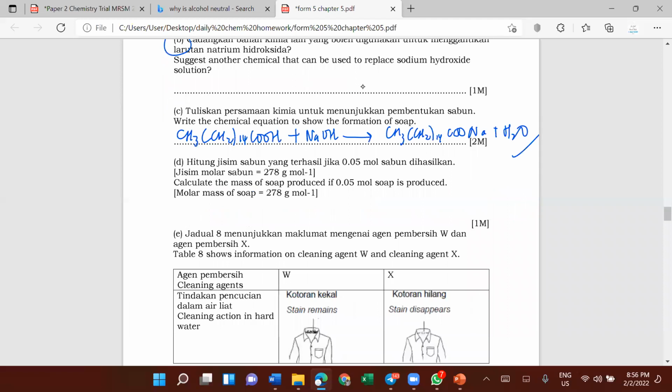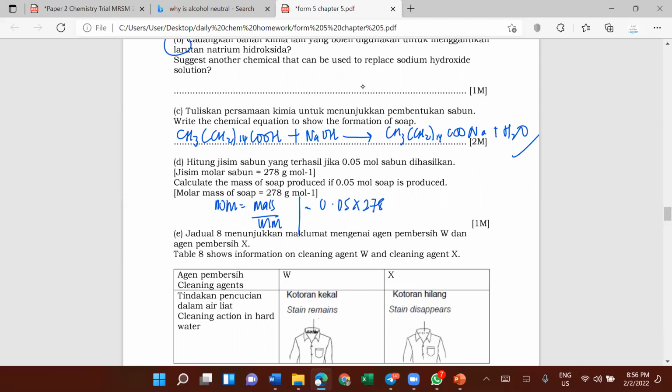Taran, next one. Calculation question. Can you imagine that even a chapter 5, form 5 question can have calculation? Number of moles equals mass over molar mass. Very good. Mass equals 0.05 times 270. Very good.